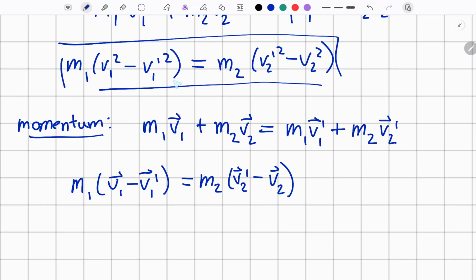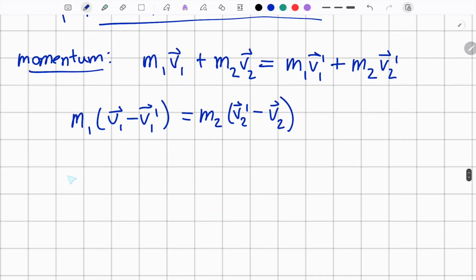We're going to go ahead and divide the top equation by this one. So I'll write it out.